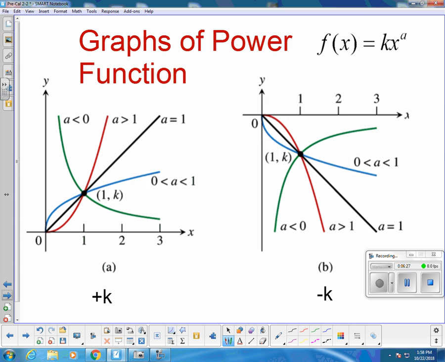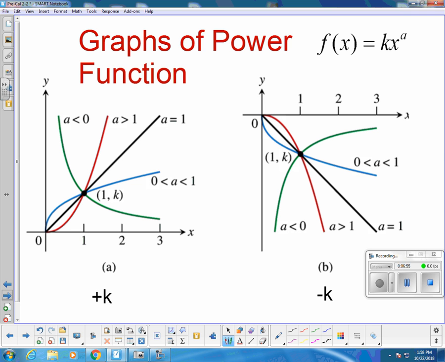Okay. If the exponent is a 1, guys, we just have k times x, which is a straight line. Okay, that's that black line. All right. If the a, and I just would write these separately. If a is a fraction bigger than 1, we are only looking at one quadrant here. If a is a fraction bigger than 1, or a whole number bigger than 1, it looks like this. And you have that arm of the parabola, or the cubic, right?